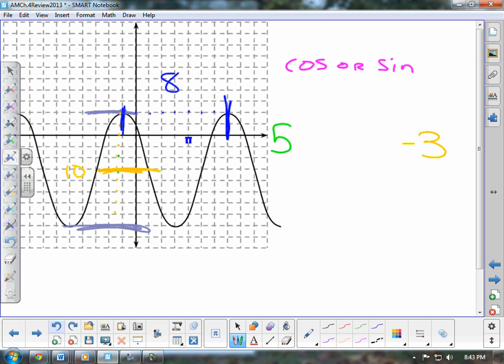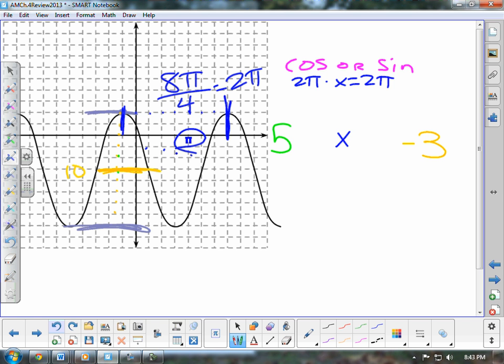It is 8. Pi is only 4, so it's going to be 8 pi over 4, which is the same as 2 pi. And cosine or sine has a period of 2 pi, so 2 pi times what gets you 2 pi? That would be 1. So when we put our cosine or sine, it is just plain x.